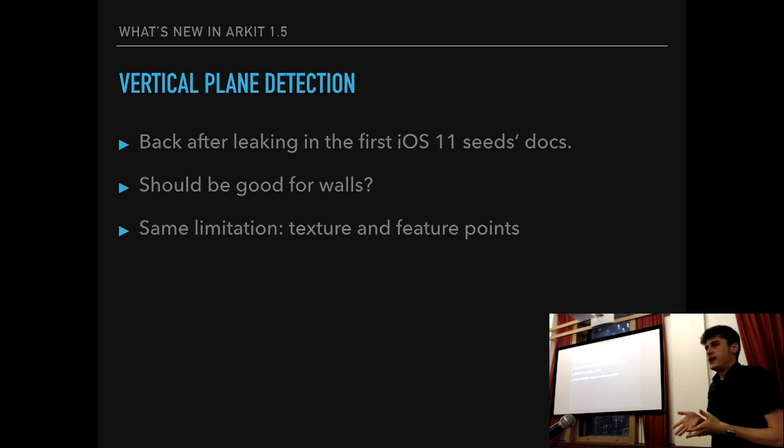Vertical plane detection has the same kind of limitations as the horizontal plane detection, which means that if a vertical surface doesn't have enough texture to it, feature points for ARKit to grab onto, it will not actually detect it. And as you can see, most walls are actually the same color. So how exactly this could be useful for walls, I'm not sure. Maybe outside, outdoors, where maybe you have brick walls or something, absolutely. Indoors, maybe not.